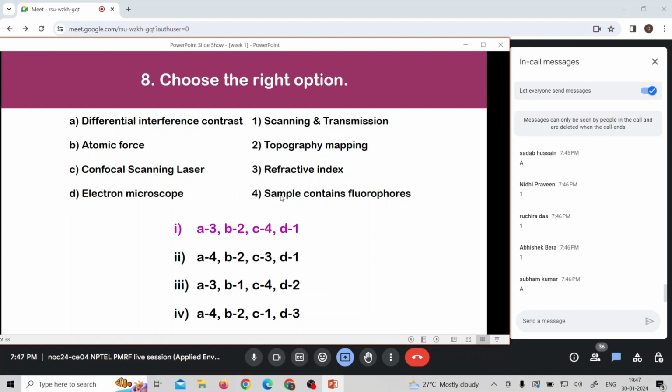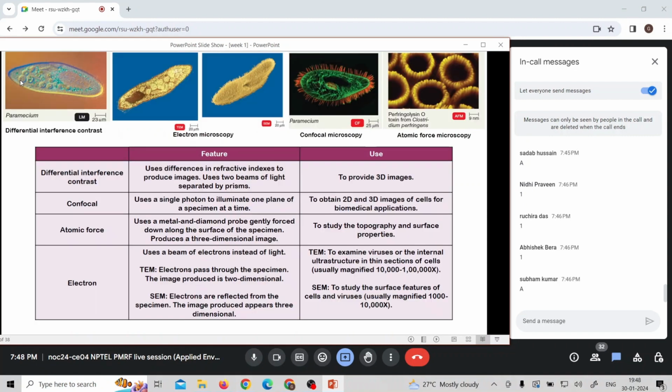Here, as we discussed, you can see that the differential interference contrast is imaging based on the differences in refractive index, so you can clearly see how the structure looks. And here in electron microscopy, this image was imaged using the TEM, the transmission electron microscope, and this using the scanning electron microscope.